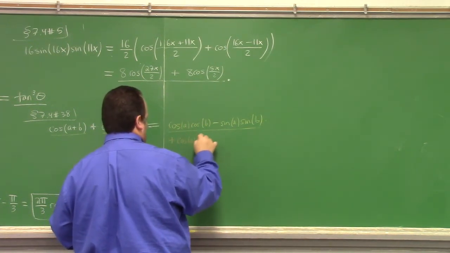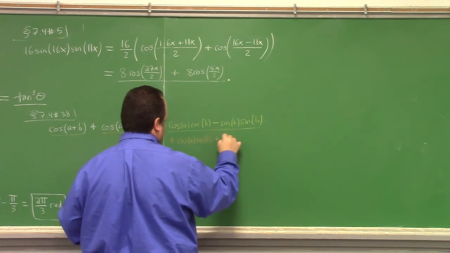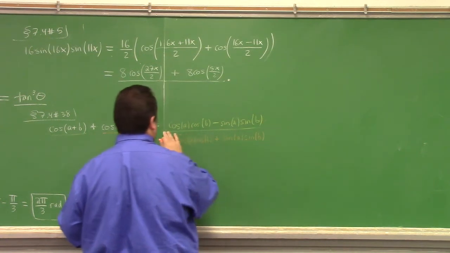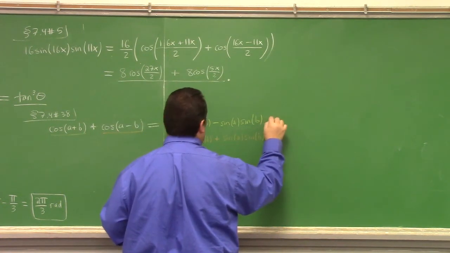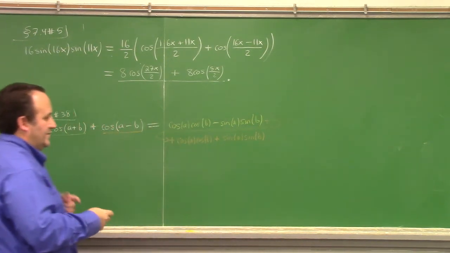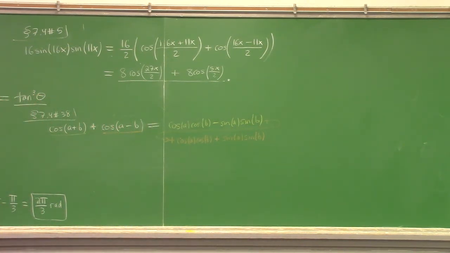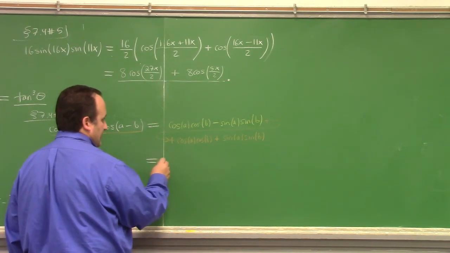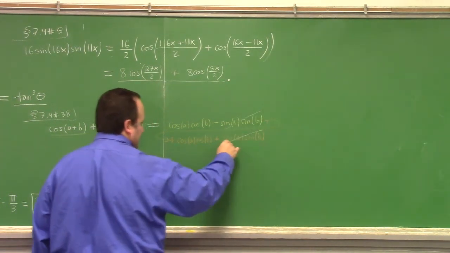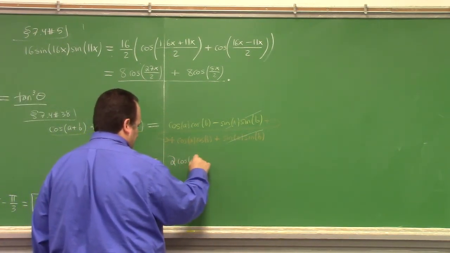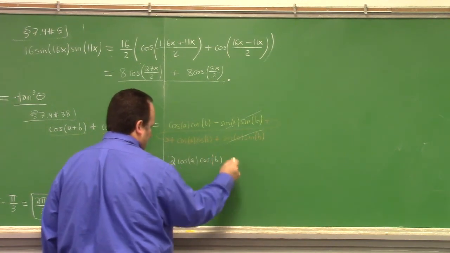Cosine A cosine B plus sine A sine B. That's the identity for subtraction, it changes the minus to a plus in the formula, yeah? So what happens when you add these? The sine terms cancel, and you get 2 cosine A cosine B.